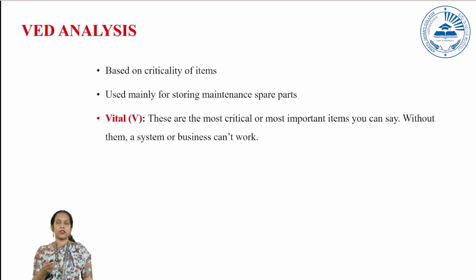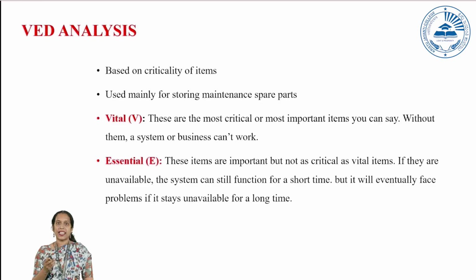V stands for vital. These items are very important for a company. If these items are not there, then they will not be able to do their production even for a day. That is why they categorize these as the vital inventories for the company. And next is the essential. These items are very essential for the company, but even though the item is not there, the companies can go with the production for a short period of time.